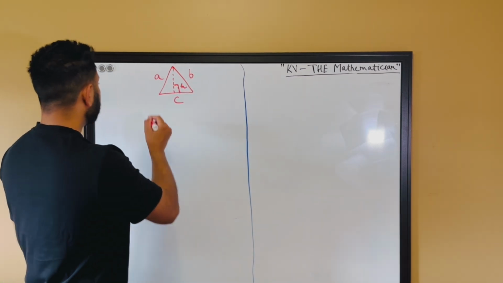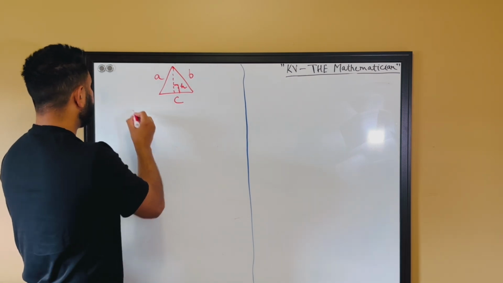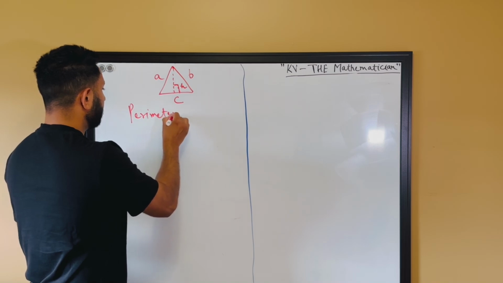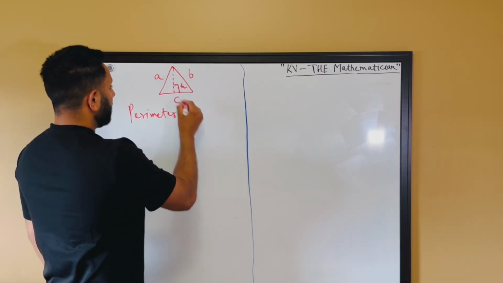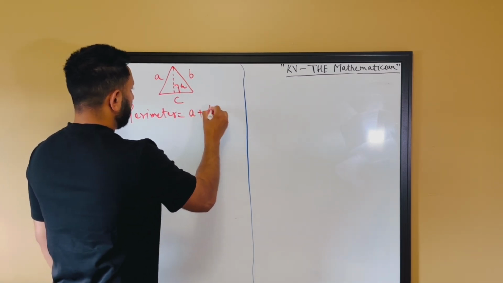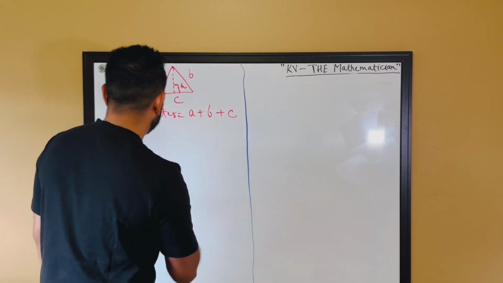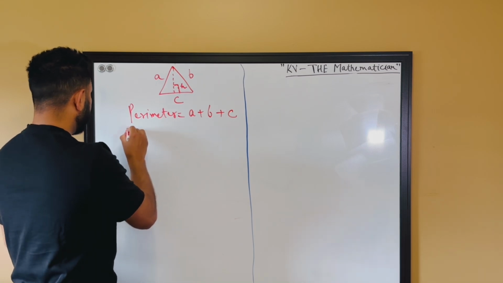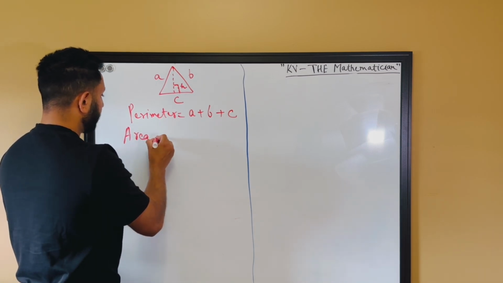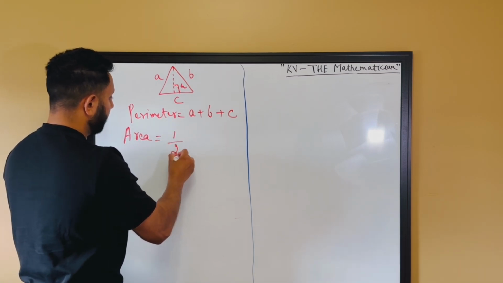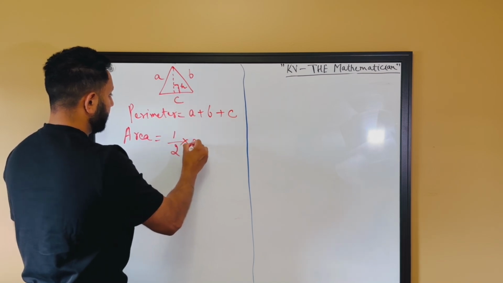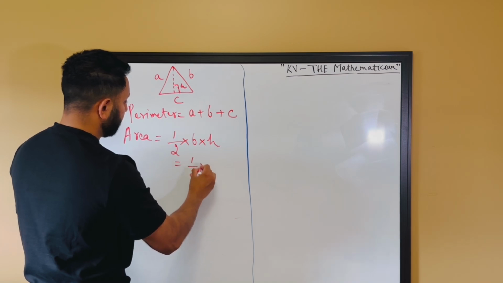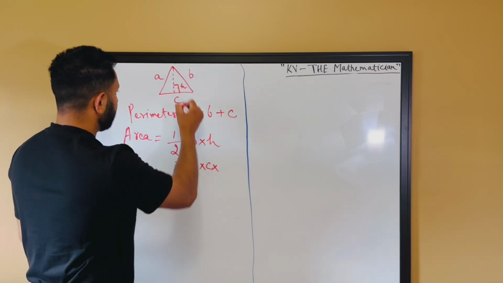The formula for perimeter of a triangle will be the total distance around the triangle, and the formula for area of triangle will be half base into height. So the base here is C and h is the height.